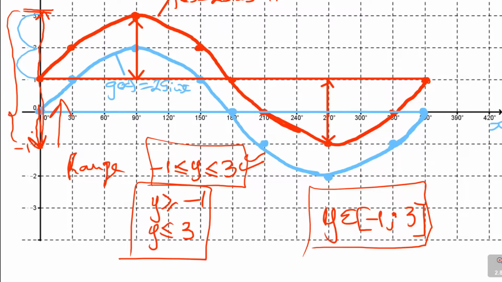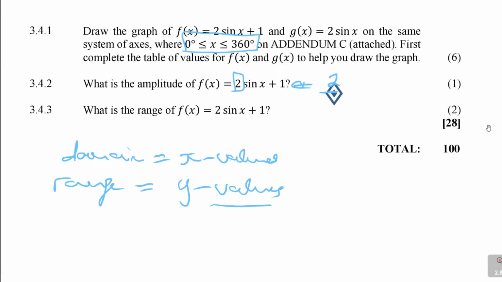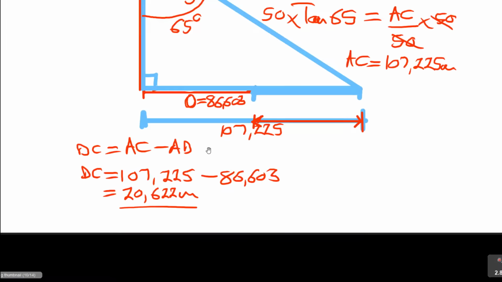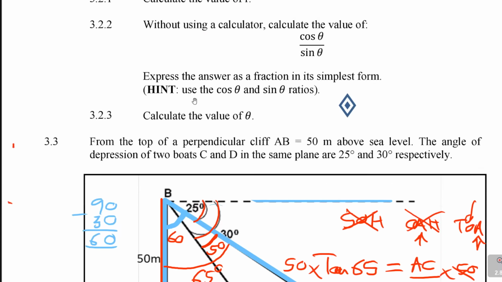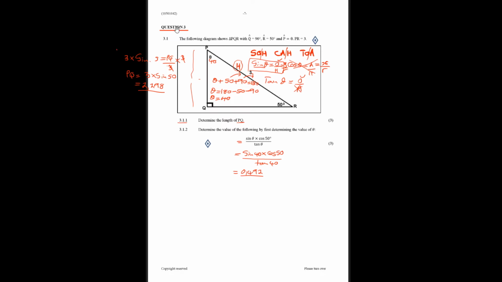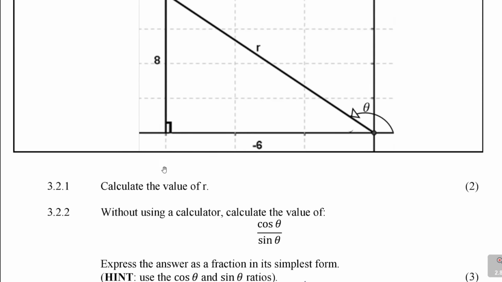So guys, how many marks does this give you? I hope it was making sense. It just gives you 28 marks, 28 good marks that you can score in that. So guys, it might have been a long video now. I have to split it into 2. So what I'll do is I'm going to split it in such a way that you're going to look at the first question, question 3.1, and I'll give you 3.2, right?